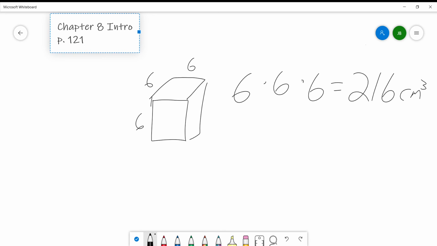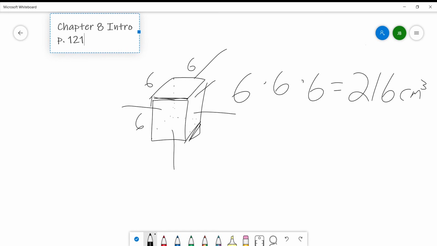How's that? So we've got this cube. The cube is made up of a square on its surface right here, and right here there's a square, and on the bottom there's a square, and on this side there's a square, and on the side that we completely can't see there's a square.